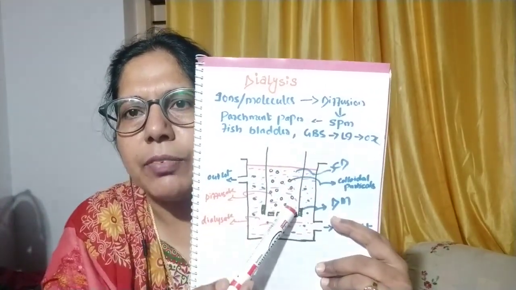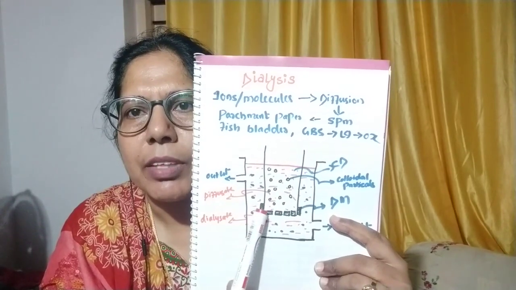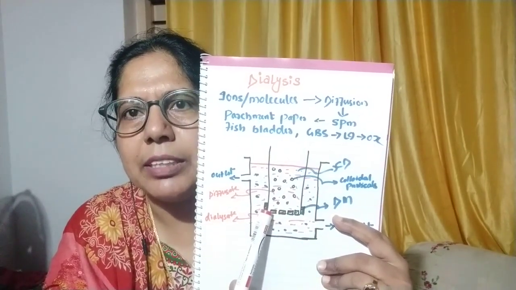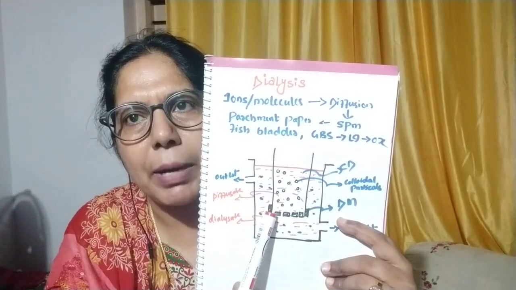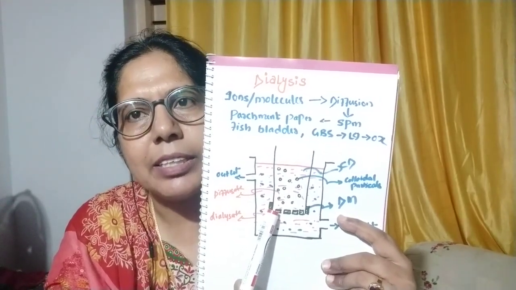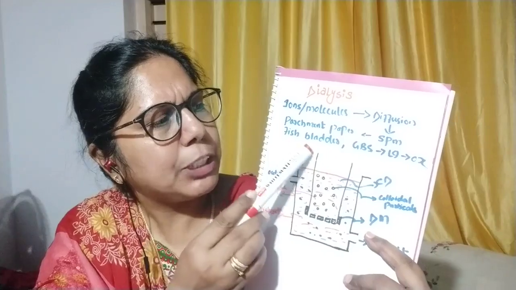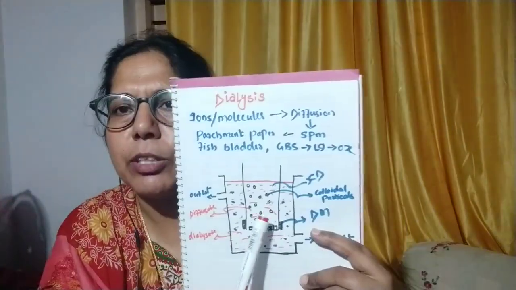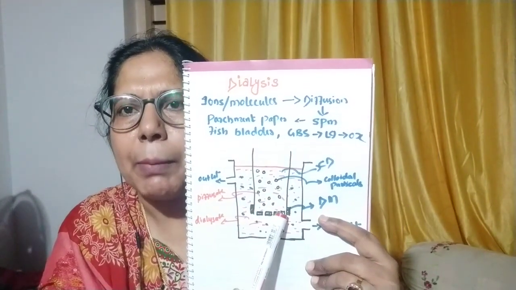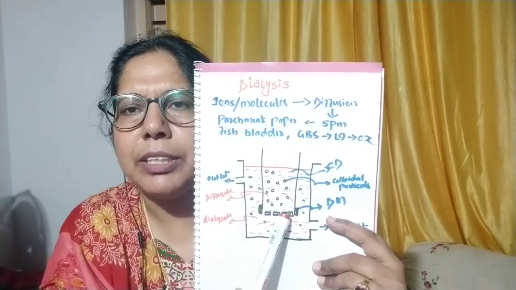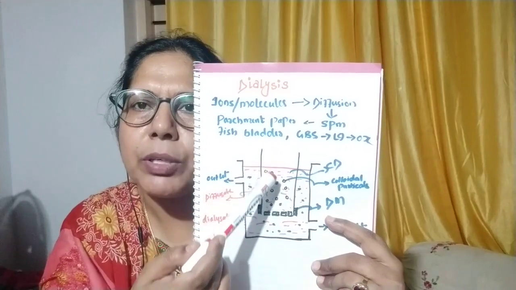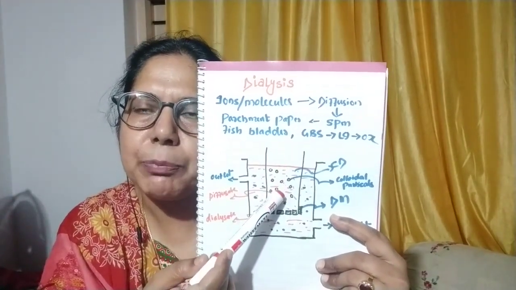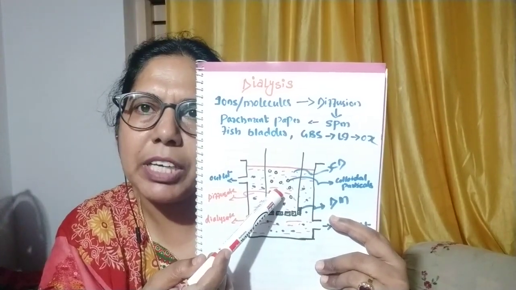One end of the tube is covered with the semi-permeable membrane, either the parchment paper, or the gold beaten fish bladder, or gold beaten skin of large intestine of ox. After doing this, we have to pour in the colloidal dispersion for which we have to do the purification.